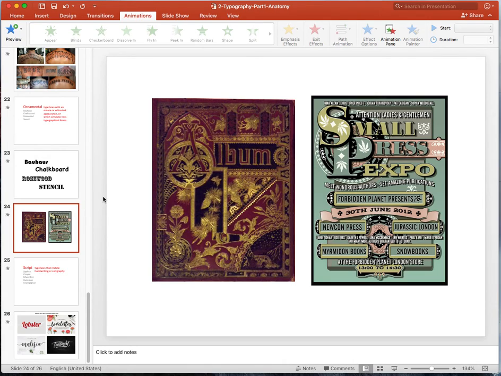The one on the left is, I would guess, from the 1800s, with beautiful gold gilding on it. The one on the right actually is contemporary, well, 2012 at least, a few years off, but this is basically new. It is riffing off of Victorian design, okay? I see there are little marijuana leaves there. I'm not quite sure what this is for. Small press expo, Forbidden Planet presents. I have no idea. I guess you'd have to check into that.